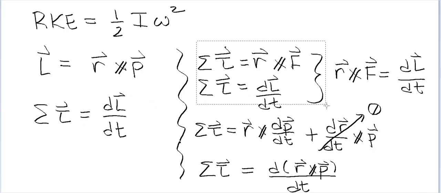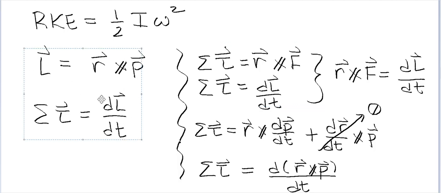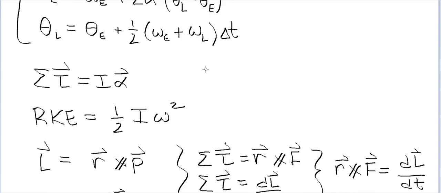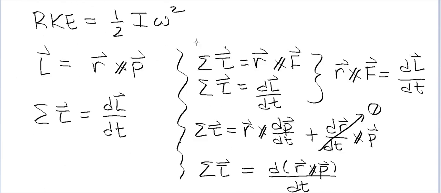And so we can take these statements, right, and let's see. Oh, I didn't actually include it. This is a statement from our last lecture, that the sum of the torques is r cross f, and that this statement, that the sum of the torques is dL dt, tells me if the sum of the torques is equal to both of these things, they must equal each other, that r cross f has to equal dL dt.